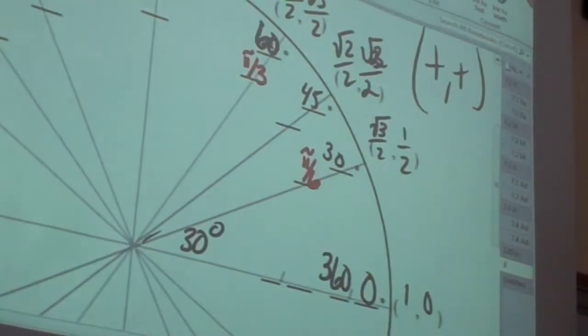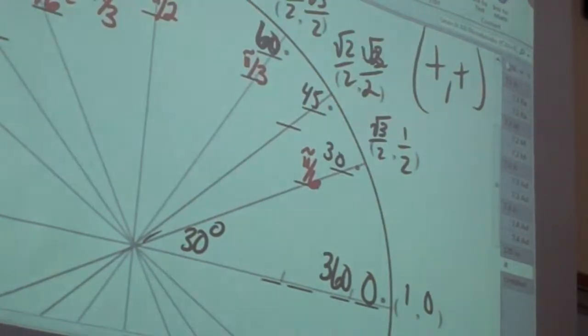This is 3/3, which is pi over 2. This is 4/3. 4 pi over 3. Oh, no. 1, 2, 3, 4, 6, which is 2/3. 5, 6, and then 6, 6, which is pi.